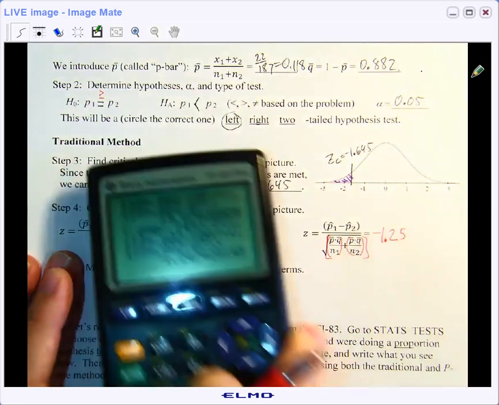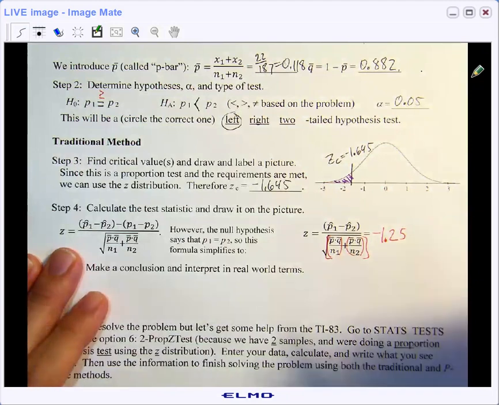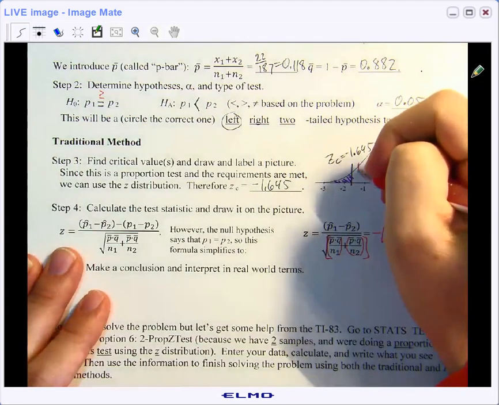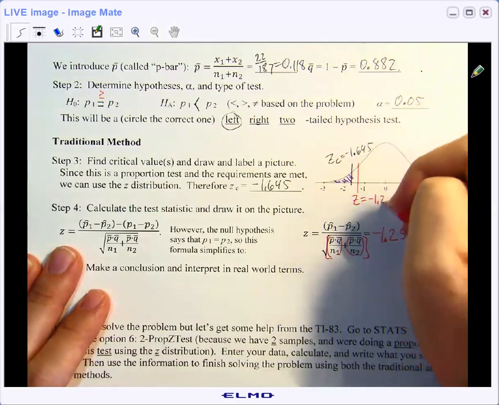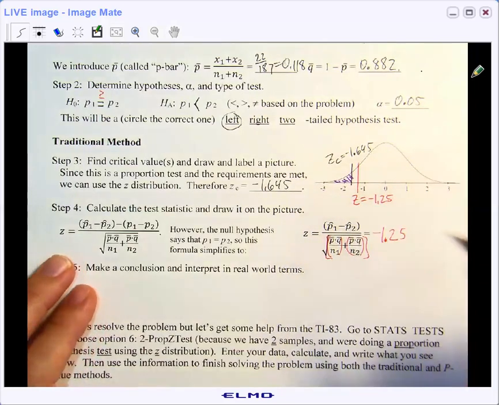Okay. And if we graph that on our picture here, negative 1.25, negative 1 1/4, this is our test statistic, so we don't put a C on it because it's not the critical value.